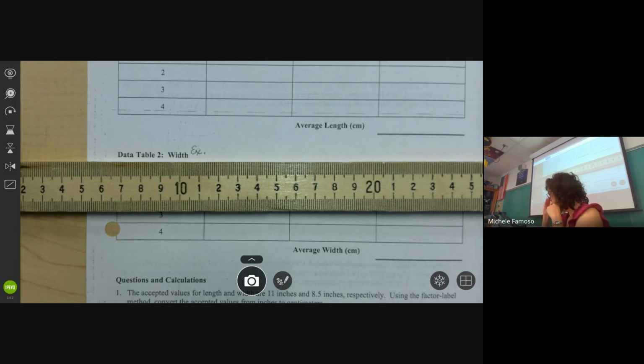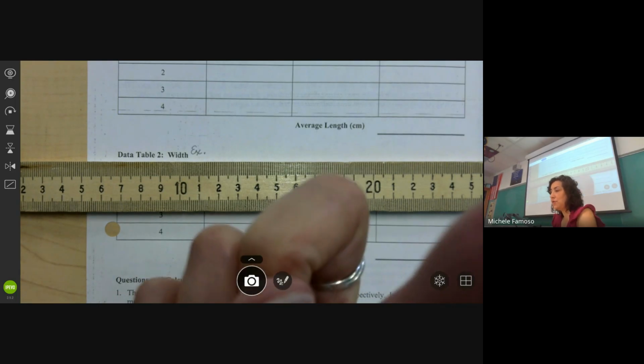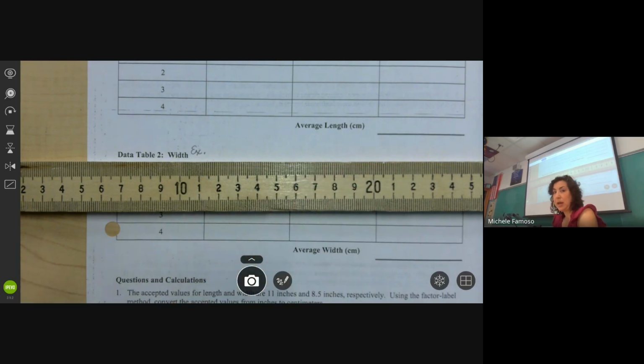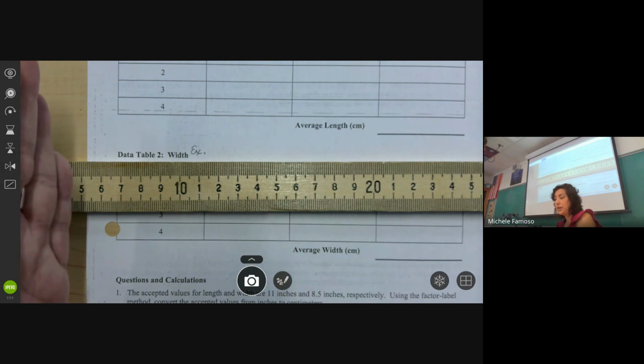Let me show you. This is an error that you will run into if you are not making your measurement correctly. When you read your ruler, your eye needs to go directly over that line, over this edge of the paper. The camera's eye is over here. The edge of the paper is over here. They're not lined up. Okay, so look down here on my desk. The camera's eye is here, where my hand is. This is where the edge of the paper is.